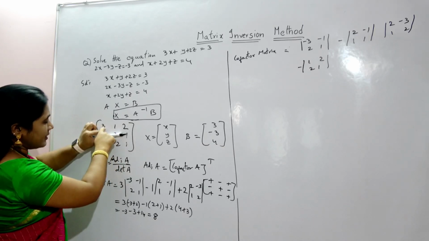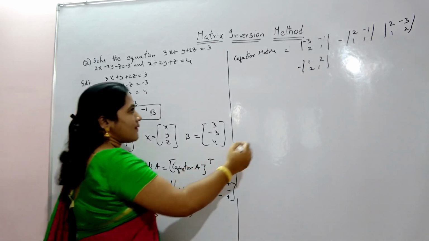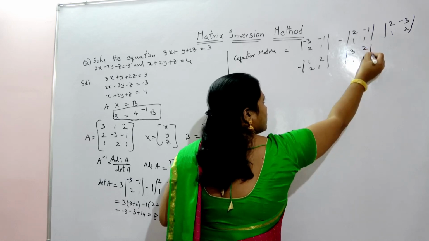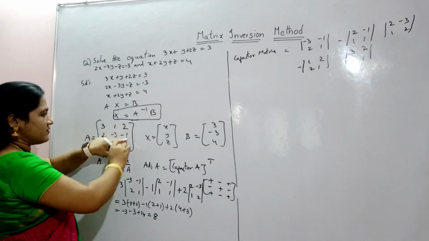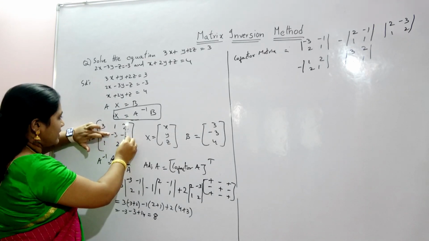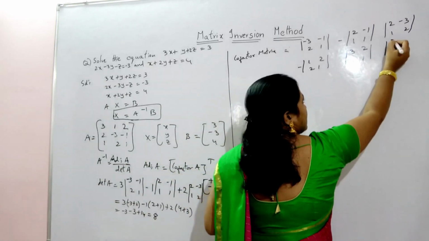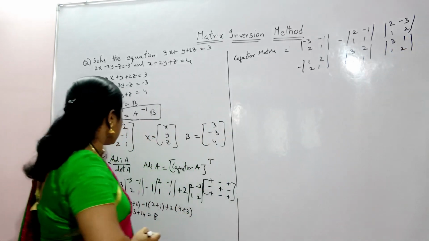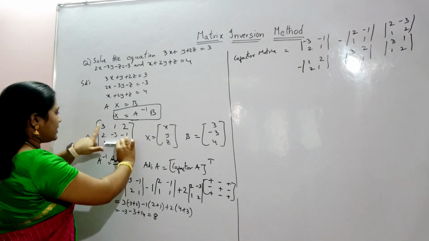Then the remaining elements are 3, 2, 1, 1. And for -1, the cofactor is, just close this column and this row. The remaining elements are 3, 1, 1, 2.